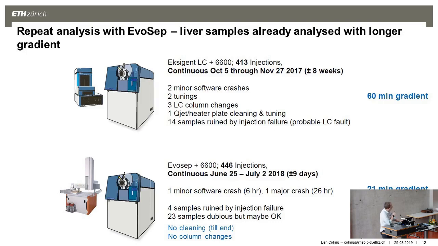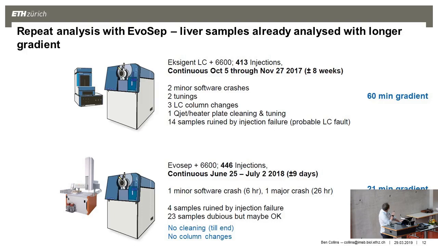You can see some of these comments which came from Evan. It took around 8 weeks to acquire the data in this way. And you'll notice that that's not just the number of samples multiplied by the runtime, because there's also downtime in the middle. You need to occasionally clean the machine, tune it, change the LC column, and occasionally you get some auto-sampler failures.